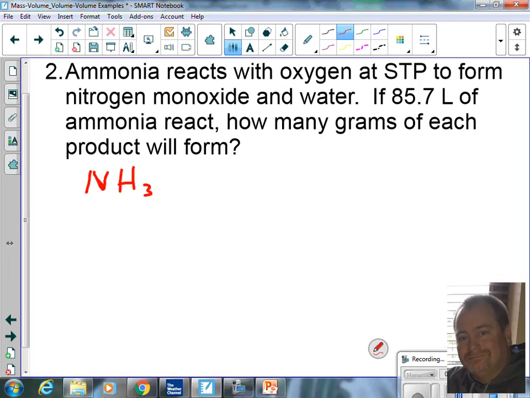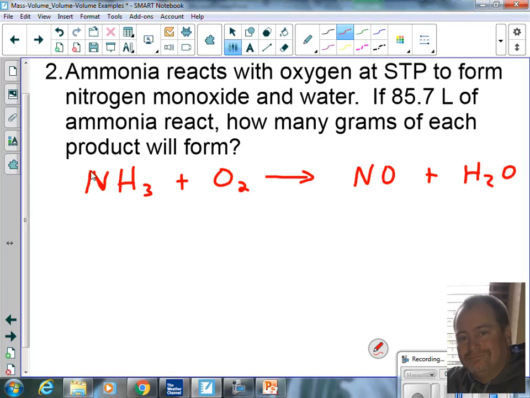Ammonia is NH3, reacts with oxygen, diatomic, to give nitrogen monoxide and water.